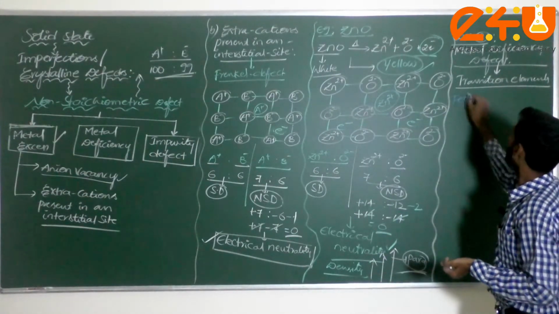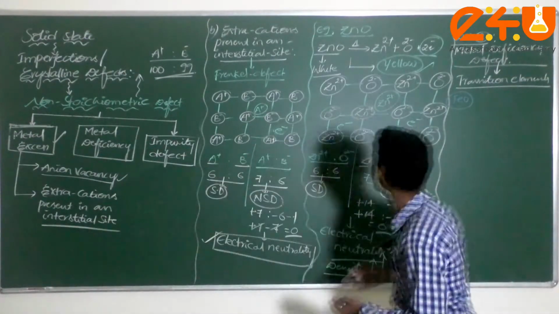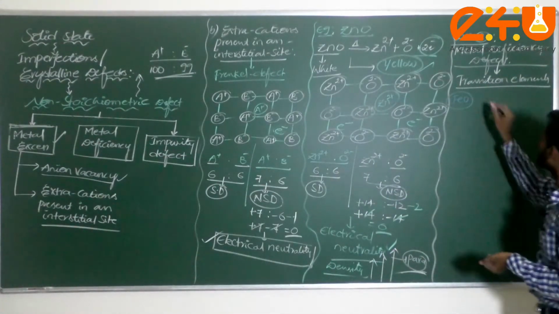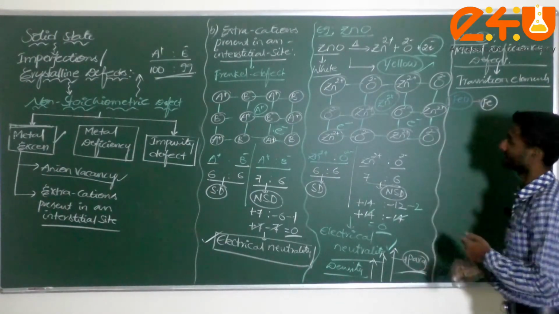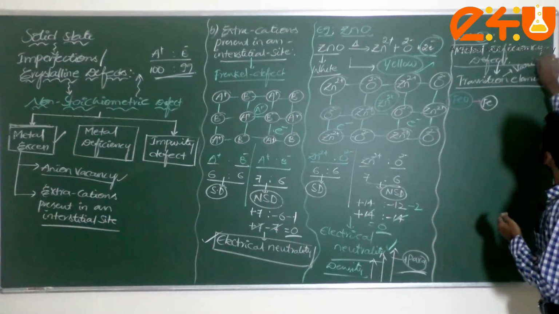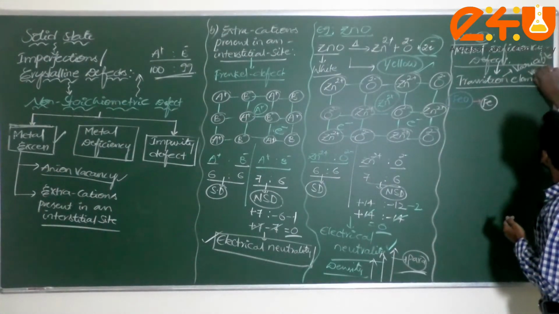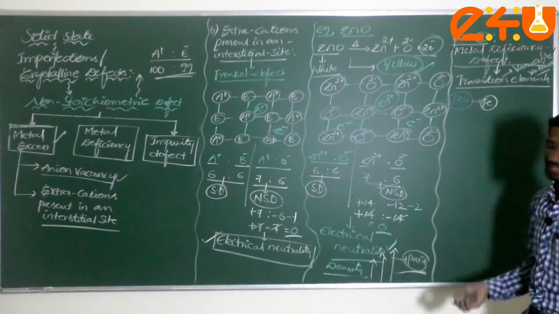Now if you consider a metal deficiency transition element, I can consider iron. In that, I can consider FeO, iron oxide, ferrous oxide. Generally iron has variable valency; it is applicable for transition elements, and those elements or metals having variable valency.